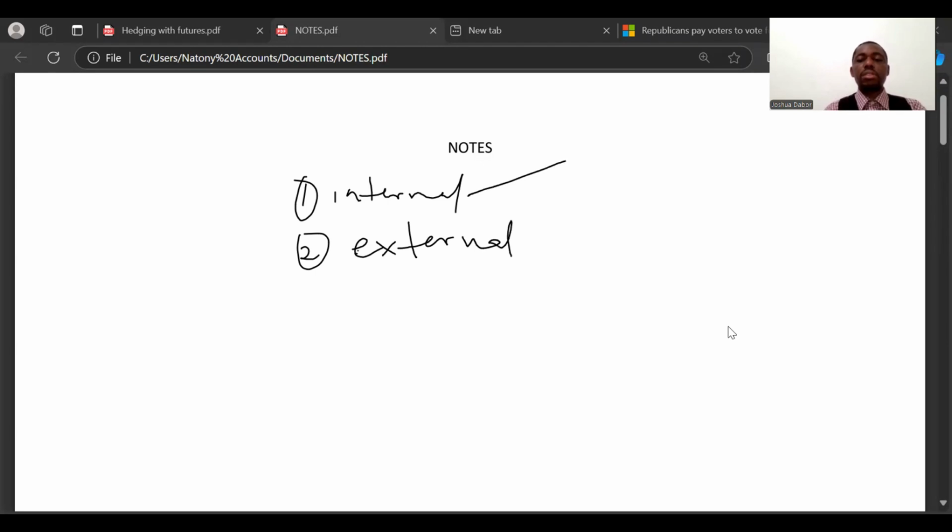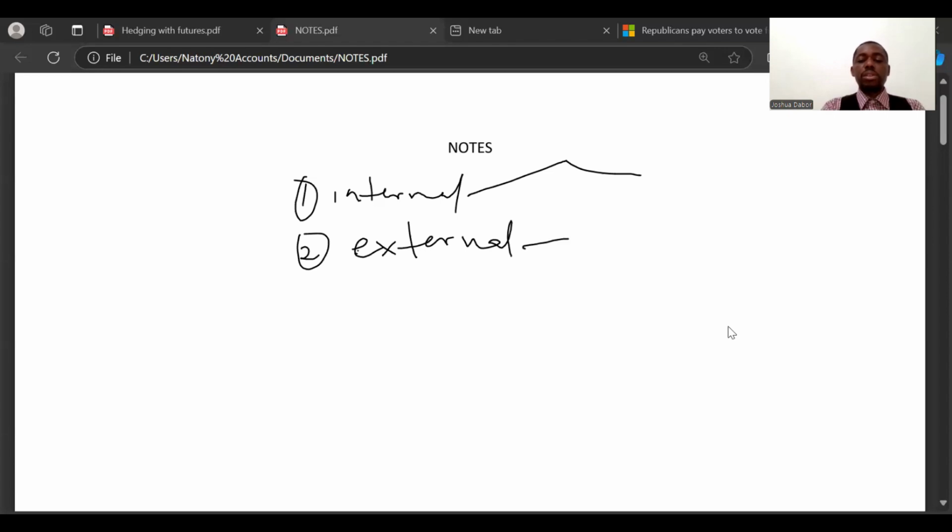The internal method, those methods do not require the use of any financial contracts or derivatives. For example, we have the leading and lagging. We also have matching, we have netting, and also foreign invoicing customer in your local currency.